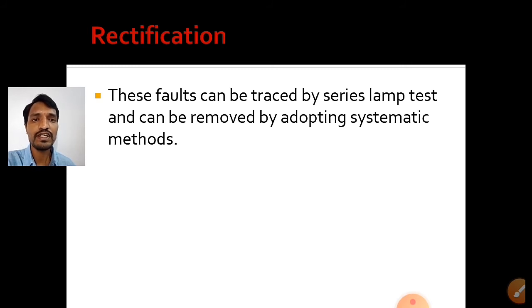We have already seen what a series lamp test is and how to perform it in our first year lab. Once we trace the problem, if it is an insulation problem, we insulate the winding or the cable. If there is a loose connection, we tighten it. By systematic methods we rectify the problem.